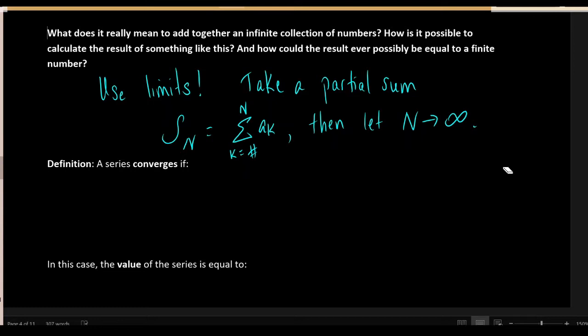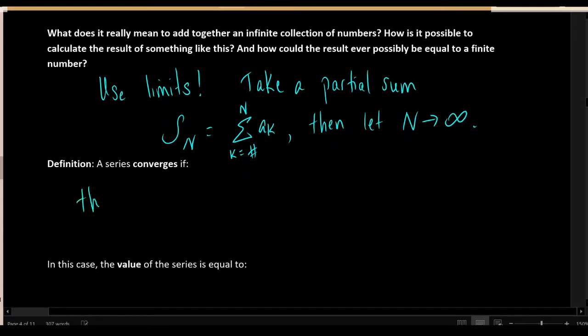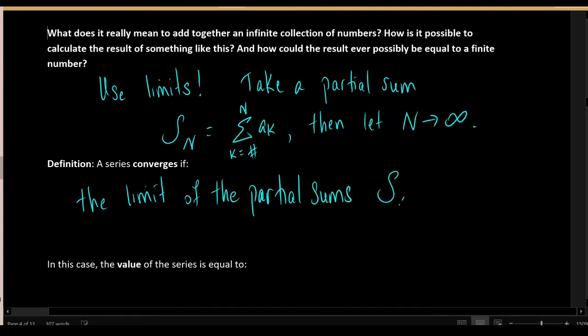Which brings us to our definition for today. A series converges if the limit of the partial sums, which are usually represented as s sub n, which are obtained by adding together the first n terms of the sequence, exists.